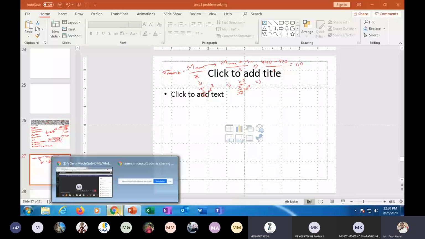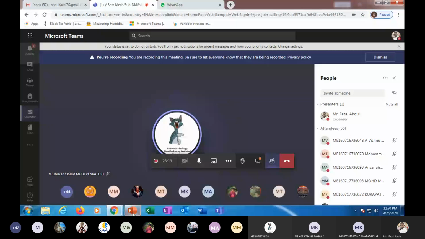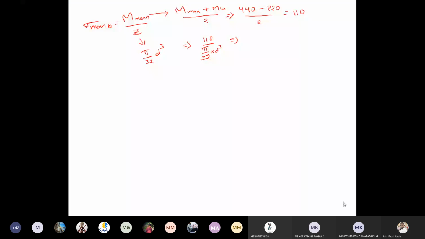Okay, 1120.45, very good. 1120.45 divided by d cubed, in megapascal.